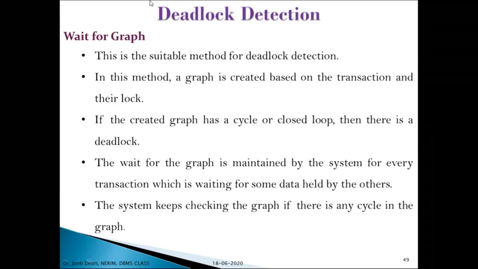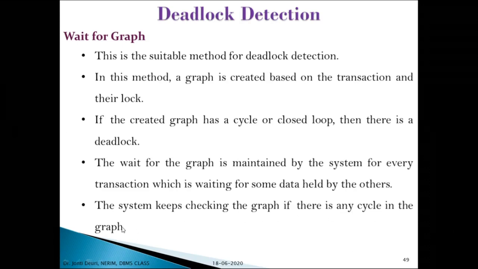And the wait-for graph is maintained by the system for every transaction which is waiting for some data held by others. So that is maintained by our system only, and by seeing that graph, we can say whether the transaction is in deadlock or not. The system keeps checking the graph for any cycle.